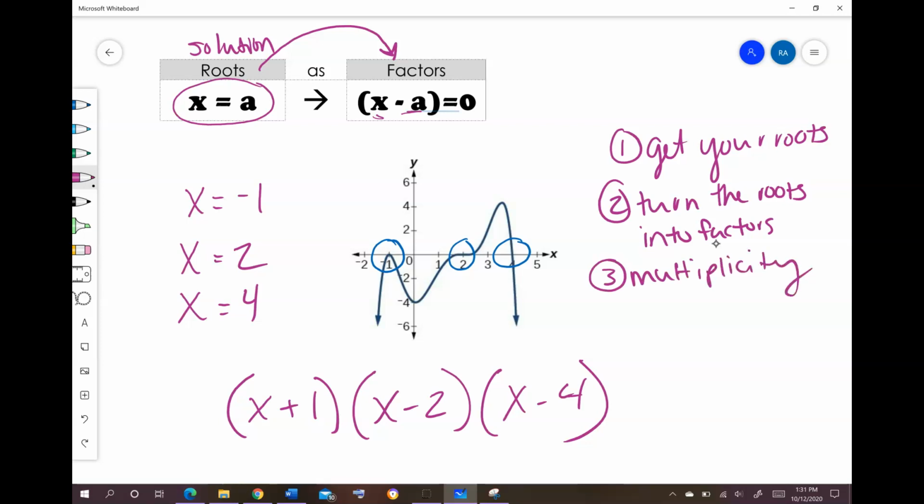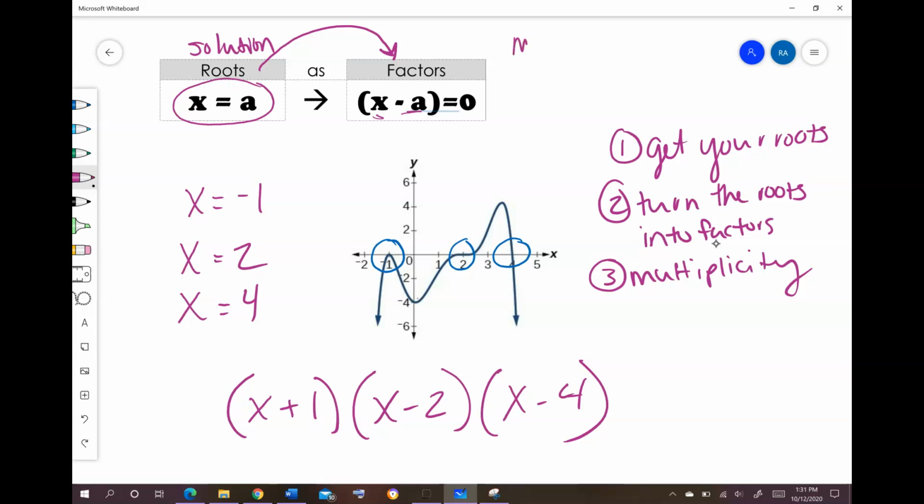Okay, now I did teach you that your degree is your humps plus 1. So if you look, this has 1, 2, 3 humps, so plus 1 would be 4. So what I want you to know by that is that your multiplicities added up equals your degree.